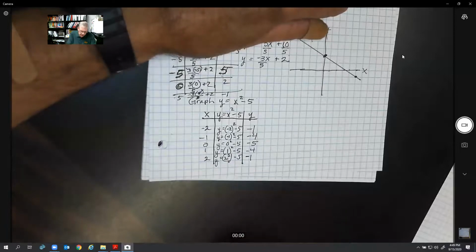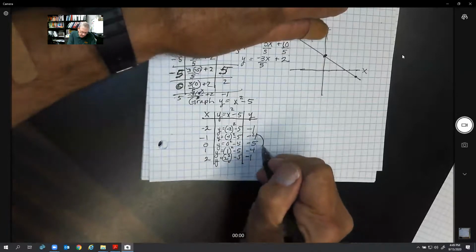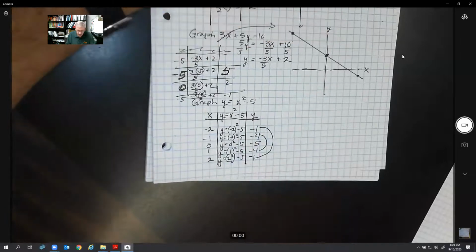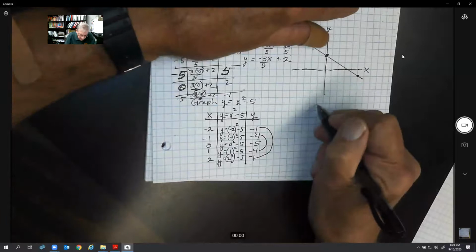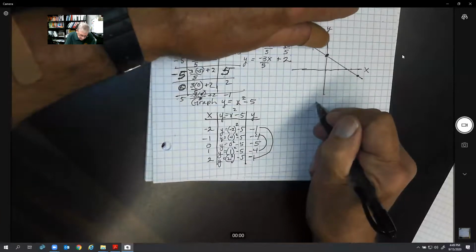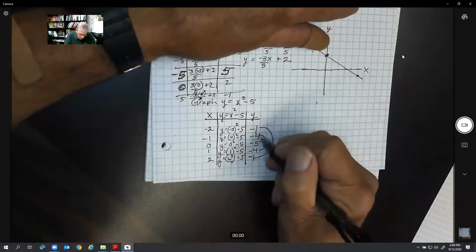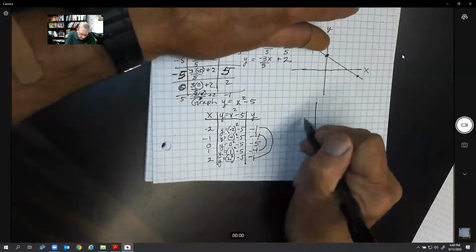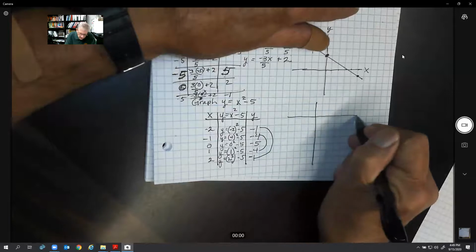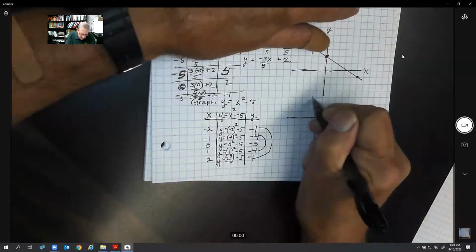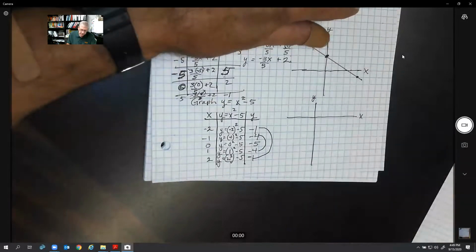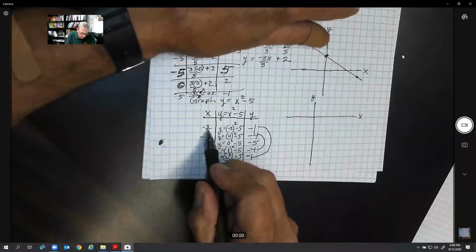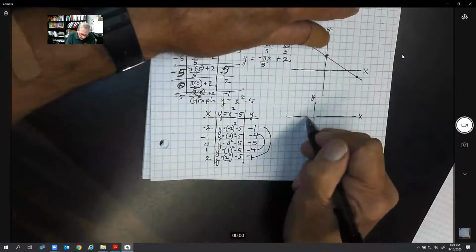Okay, if you did it right, there should be a pattern. Not the same pattern as a linear equation, but there is a pattern. Now, it looks like y comes up with a lot of negatives, so I'm going to draw my graph kind of like this. Here's my x-axis, and here's my y-axis. When x is -2, y is -1.